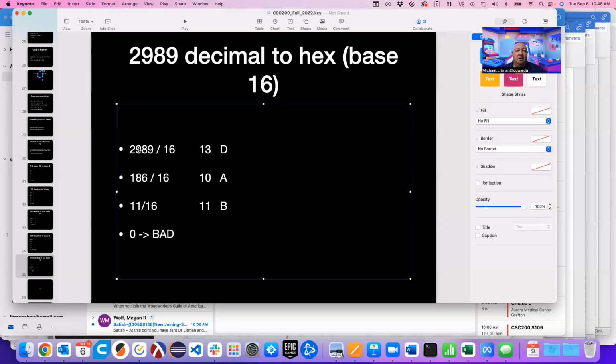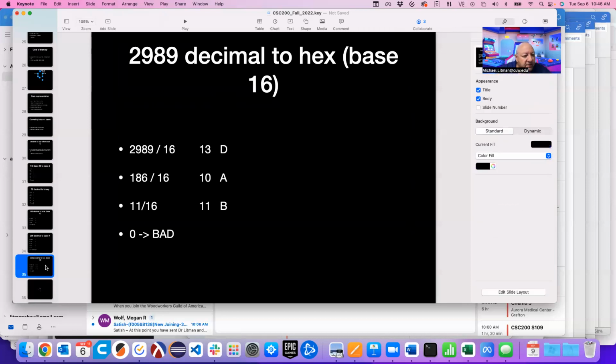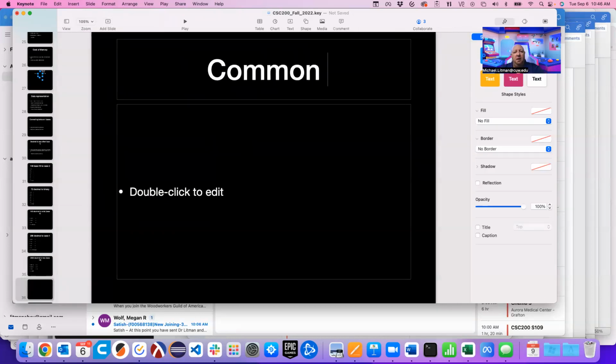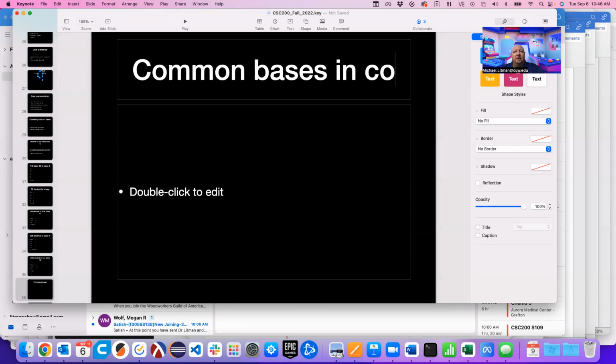All right. So let me drive that point home a little. Before we go on the other way, common bases in computers.